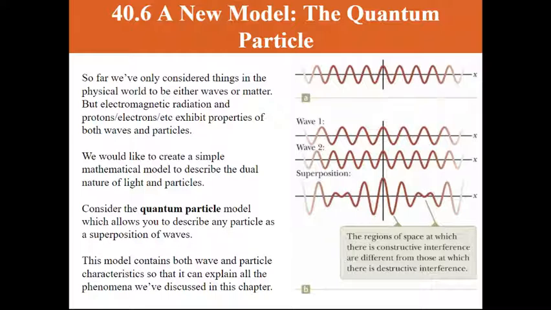So we're going to make do with a new model that does describe a particle as a superposition of waves. This model is called the quantum particle model, and it's very flexible, but overall it's described through many waves superimposed on one another.